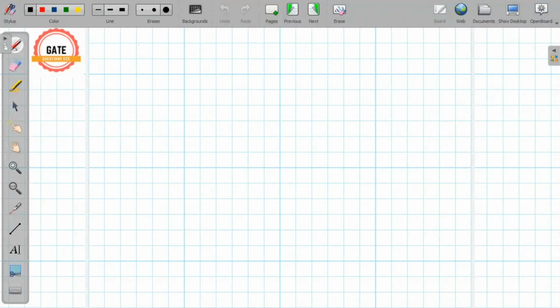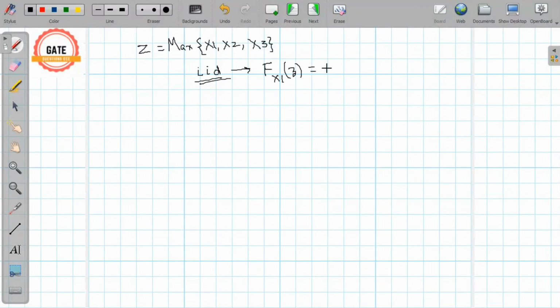In this question it's given that Z is the maximum of three random variables X1, X2, X3, and all these are independent and identically distributed random variables. So we can write that F_X1 of z will be equal to F_X2 of z, equal to F_X3 of z.